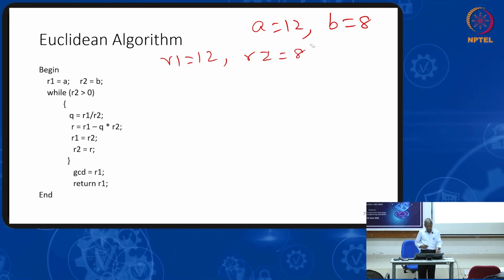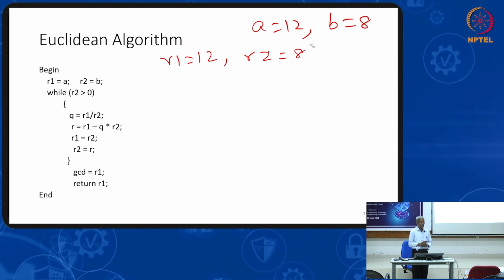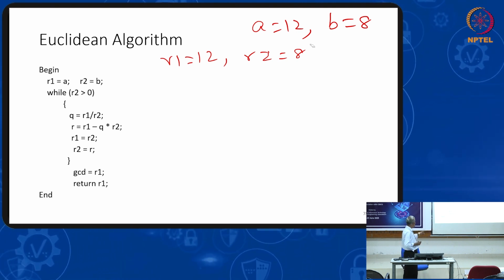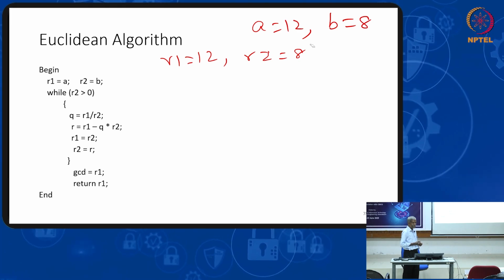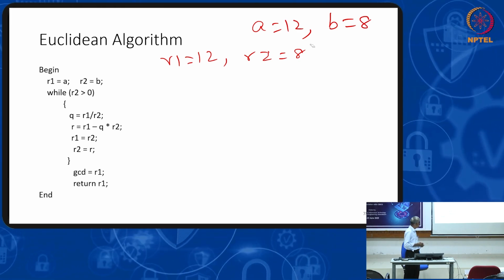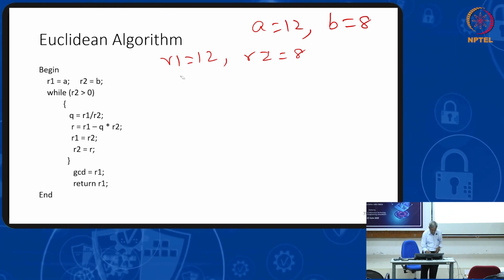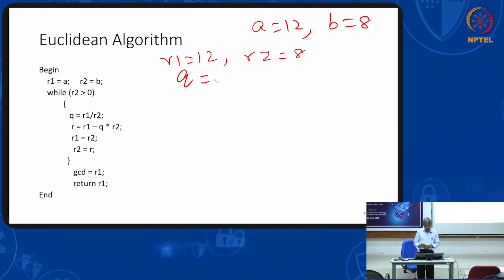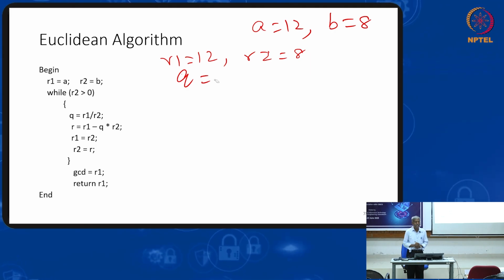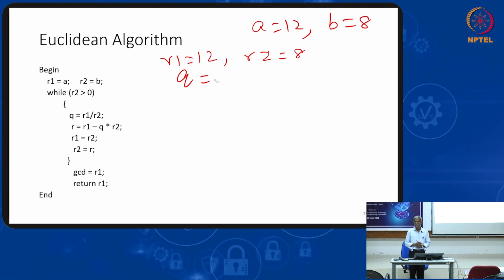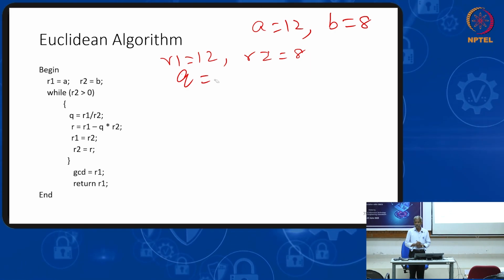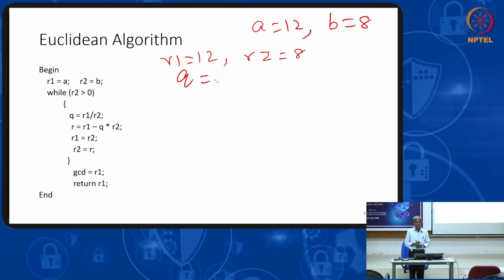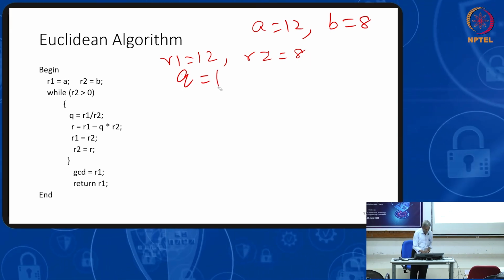You check whether R2 is greater than 0. I am coming to the while loop: while R2 is greater than 0. It is satisfied. Quotient Q equals R1 divided by R2, integer division. 12 divided by 8, what will be the quotient? 1.